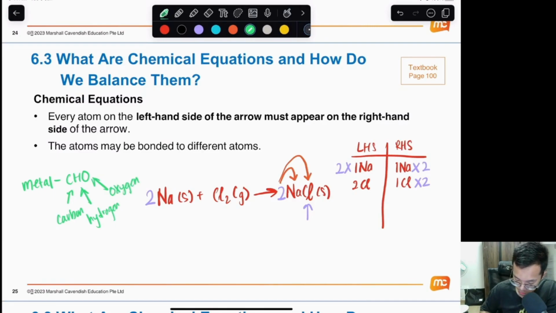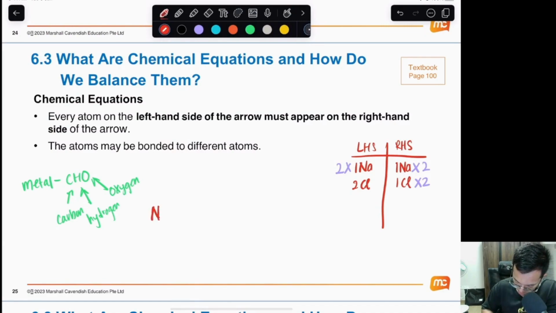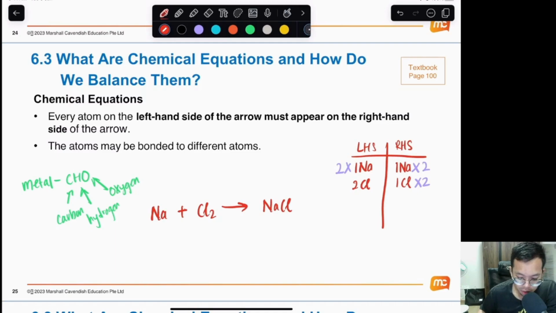Okay, so if I were to redo it, let's try. NaCl2, NaCl. So what do we need to do again? We balance out the metals first.